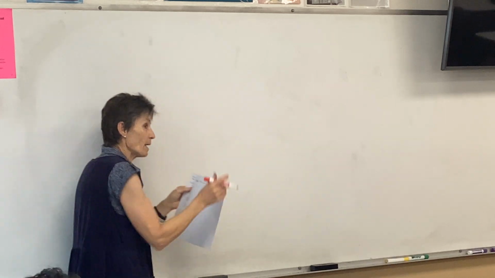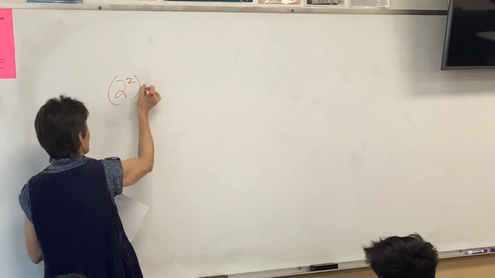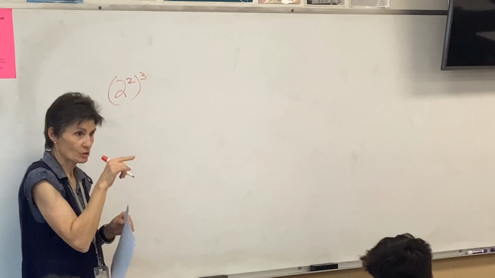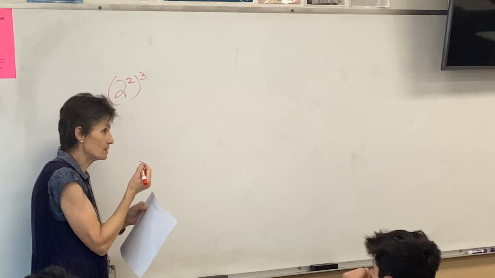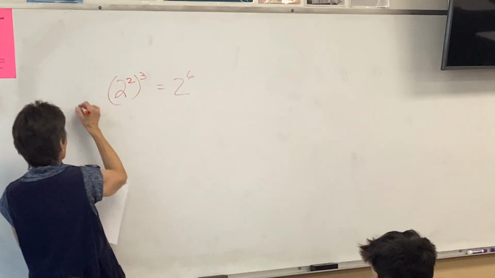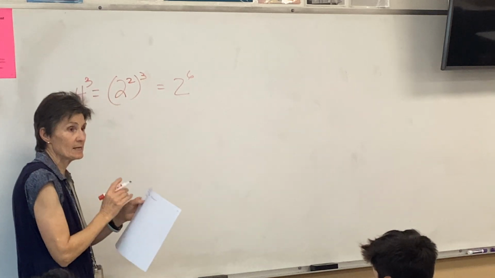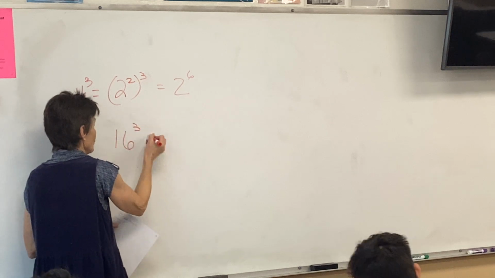Right? So here's what I mean. 4 cubed is 2 squared cubed. 4 is 2 squared, right? And it's being cubed. So that is 2 to the 6th. So 4 cubed is the same as 2 to the 6th. Now what about 16 cubed?